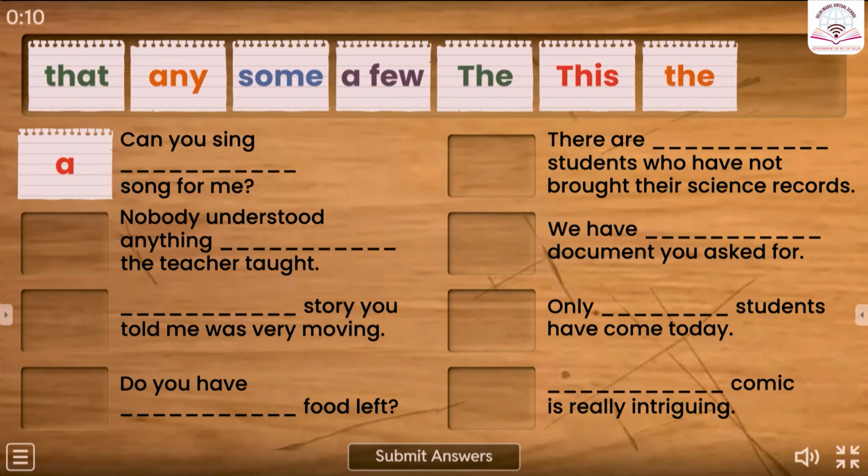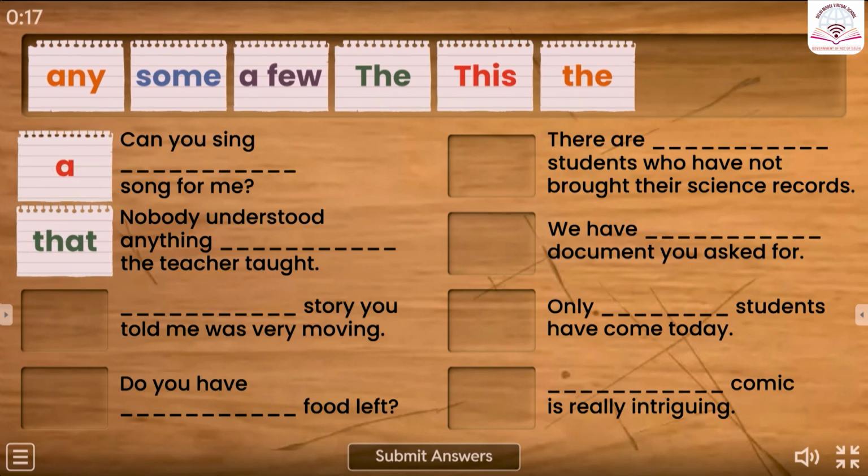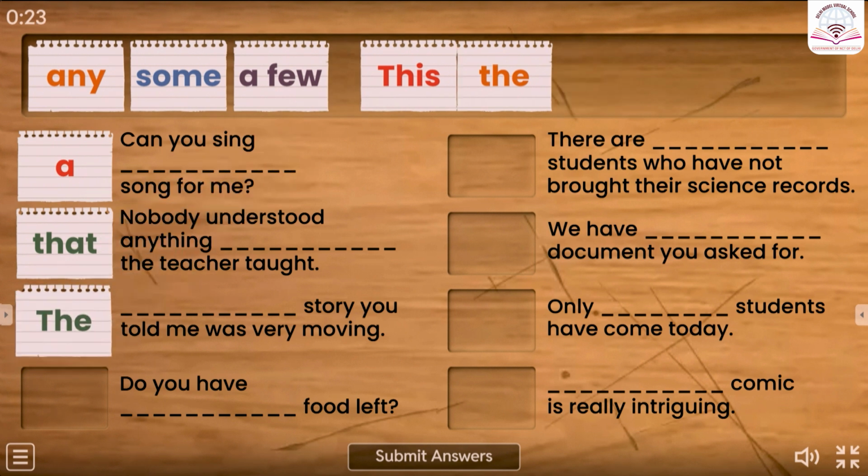Let's move to the next sentence. Nobody understood anything dash the teacher taught. I will go with that. Dash story you told me was very moving. Here we are talking about a specific story. So I will go with the.